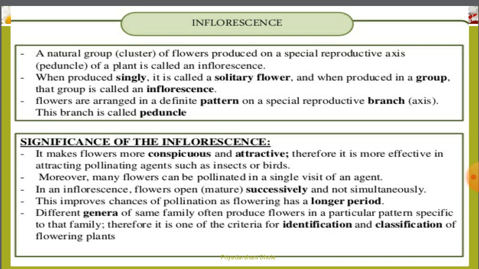And in an inflorescence, flowers open successively and not simultaneously. One by one, they open. This improves the chance of pollination as the flowering period is longer. Then different genera of the same family often produce flowers in a particular pattern specific to that family. Therefore, it is one of the criteria for identification and classification of the flowering plant. It is very important.